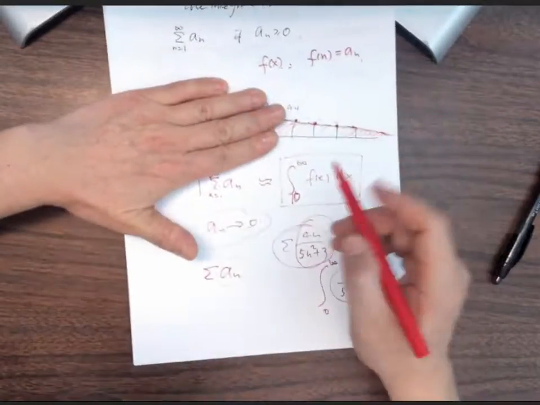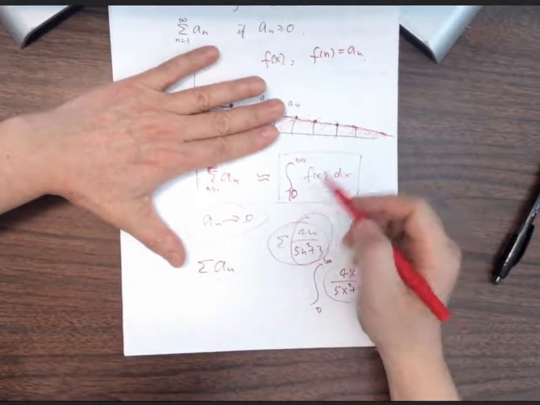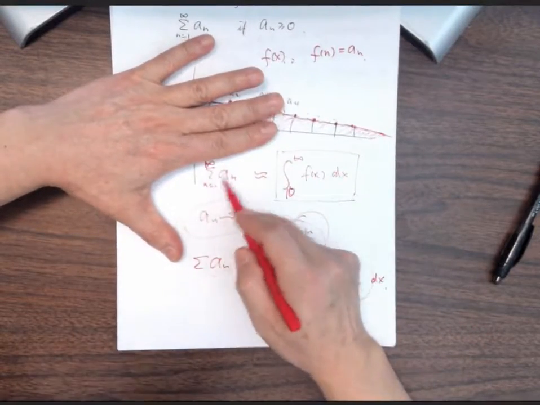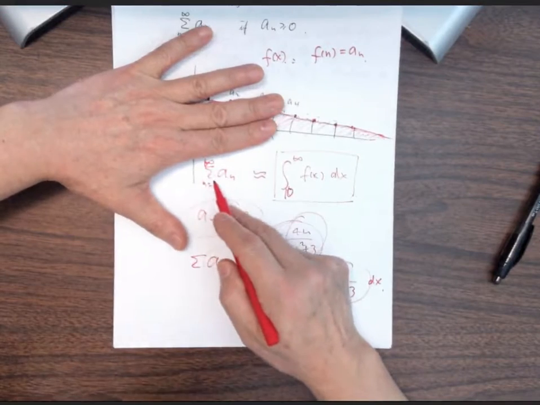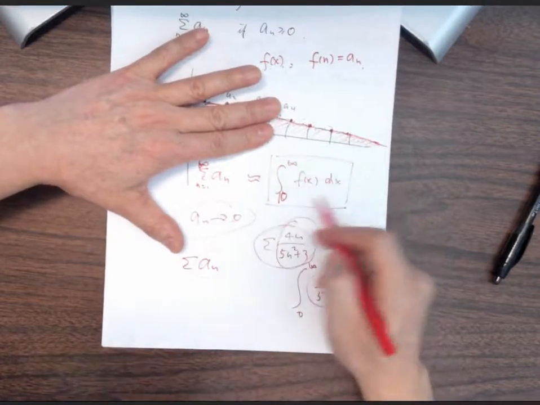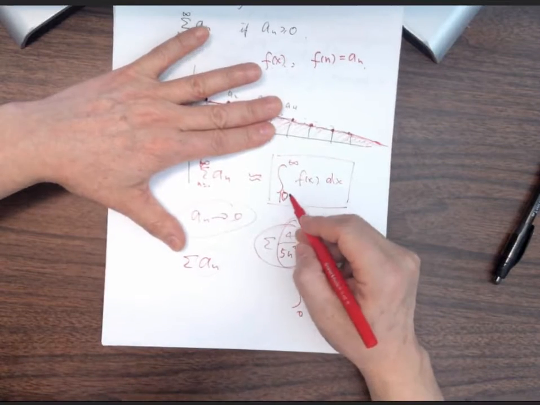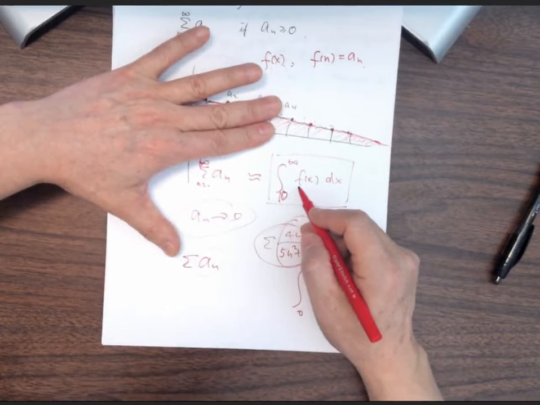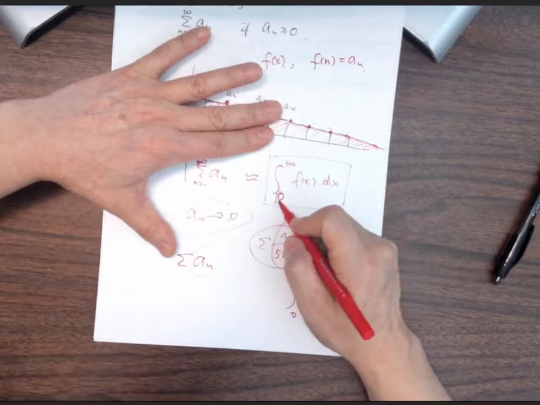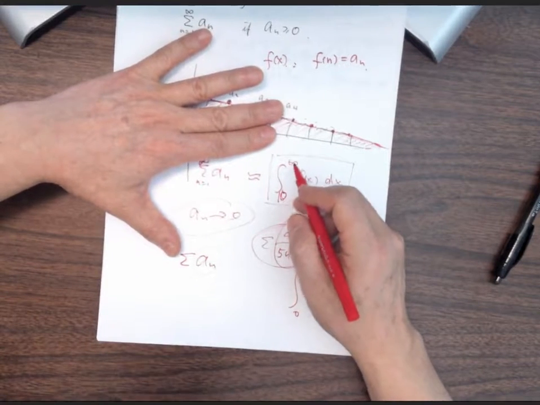Therefore, when we check the sum of the series, we can get a pretty good idea just by checking the improper integral from any number to infinity.